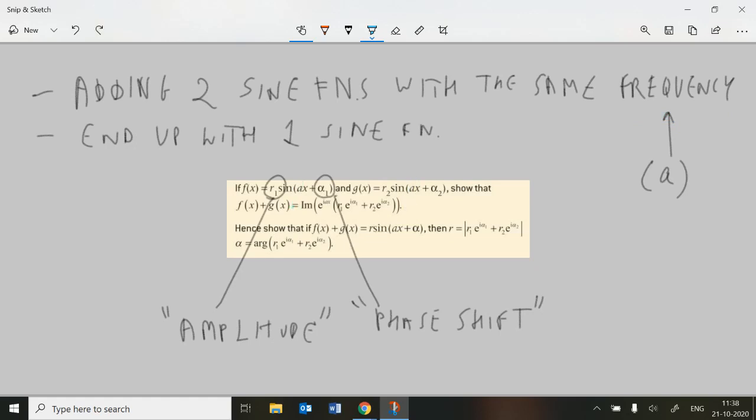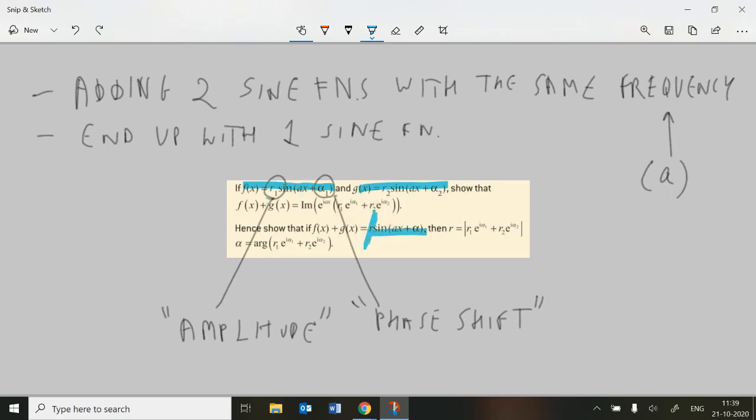Now, we're going to end up with one sine function. When we add together this sine function and this sine function, you'll end up with another sine function, which they're calling here R sine(ax plus alpha). You'll notice we've got the same a here. That's the same frequency as these two. But we've got R here instead of R1 and R2.